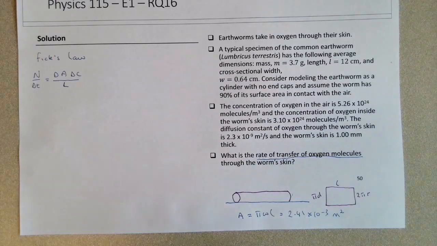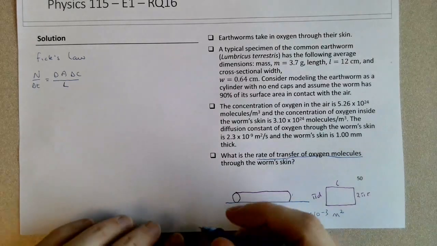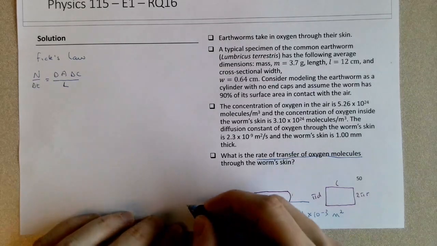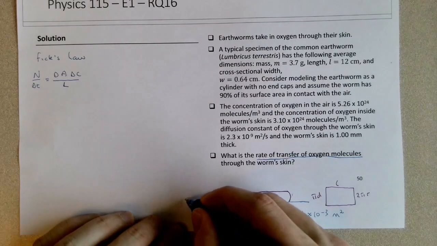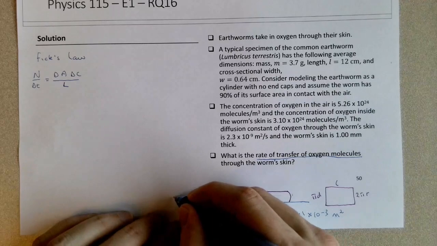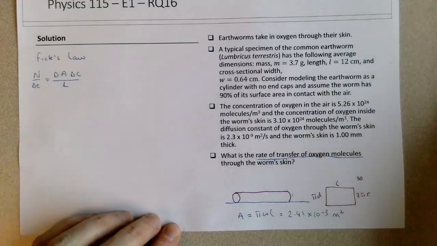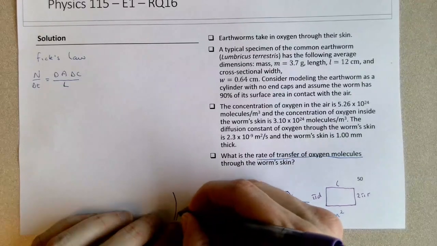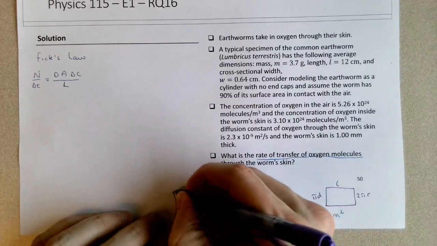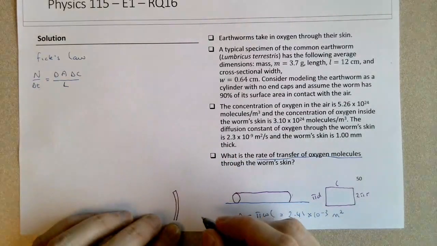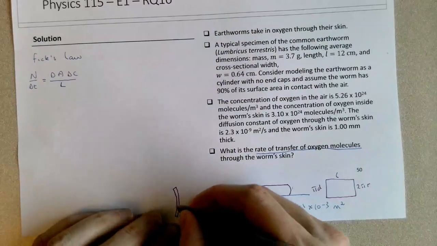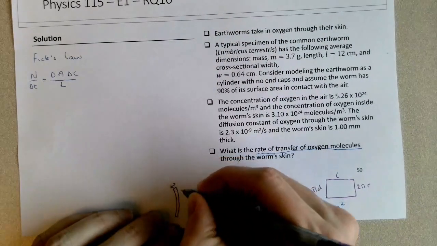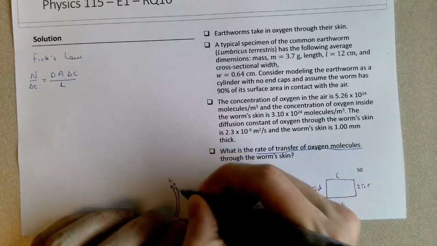Okay, then I'll just draw a separate picture, as a subsection of the skin, to show you what this L represents. The L in this equation represents the thickness through which, or the distance which, the molecules have to travel.